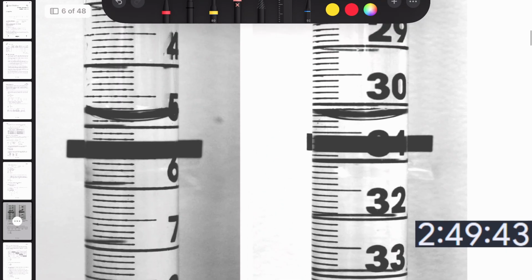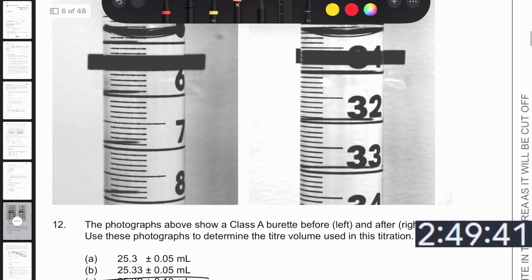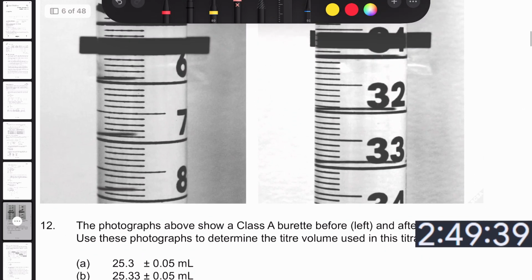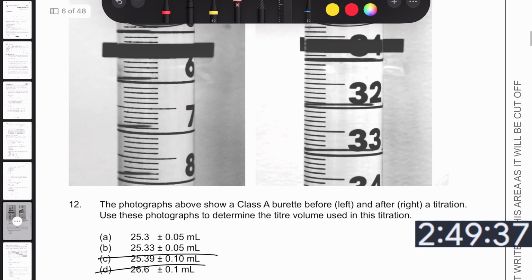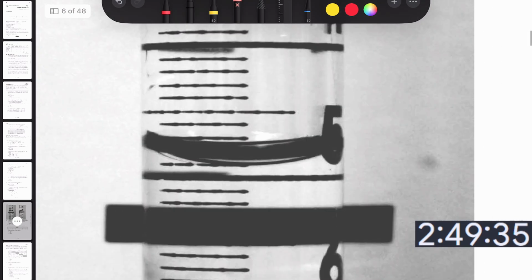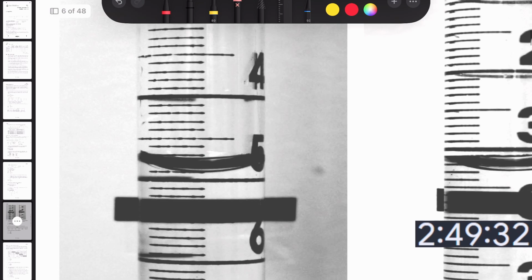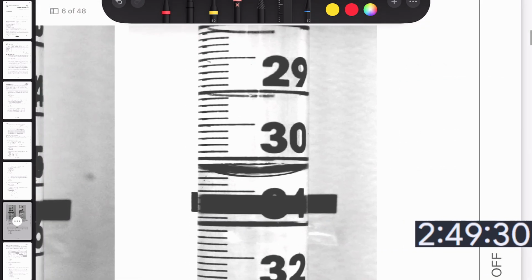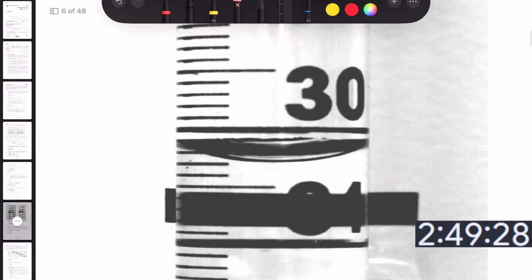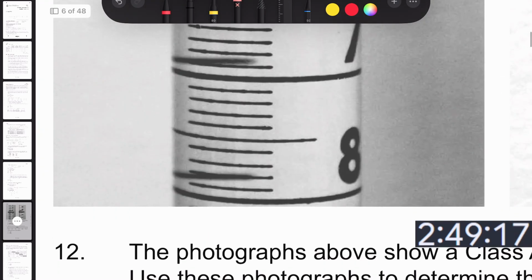And then, let's see, it's gonna be, well, they're both 25.33. So this is 5.1. And this is 31.7 minus 5.1.